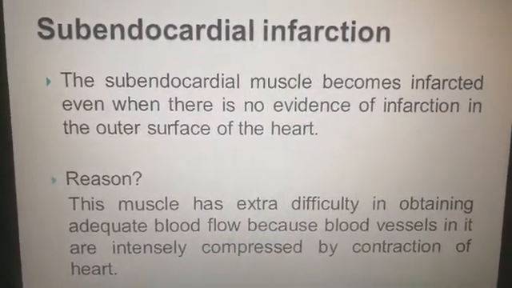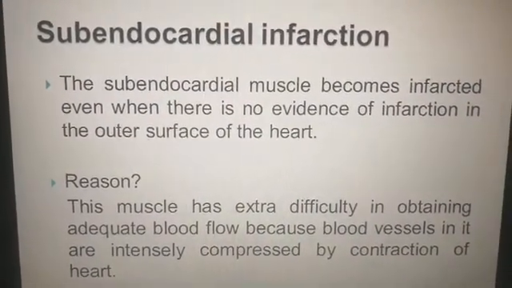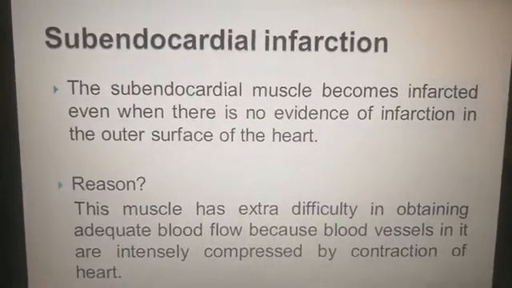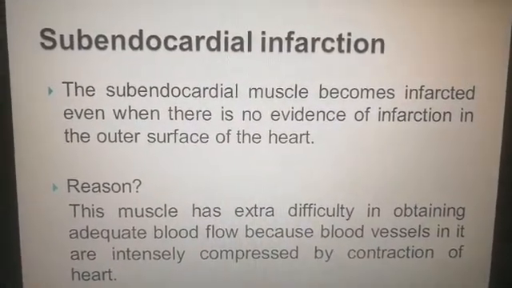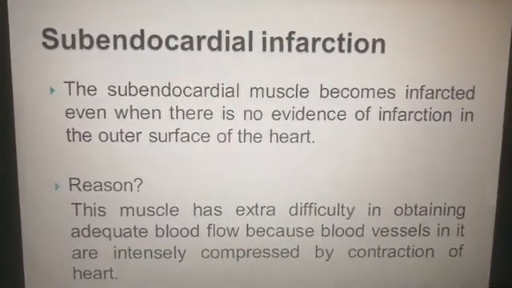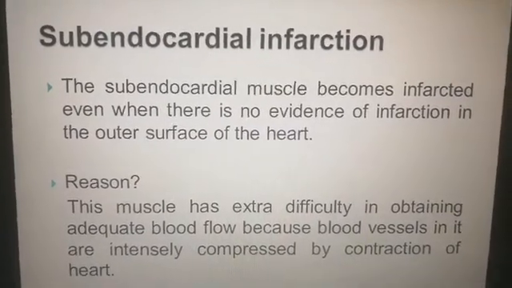Their infarction occurs firstly, because this area is away from the blood supply. So the signs of infarction can be seen in the subendocardial muscle, while there is no evidence of infarction on the outer surface of the heart.